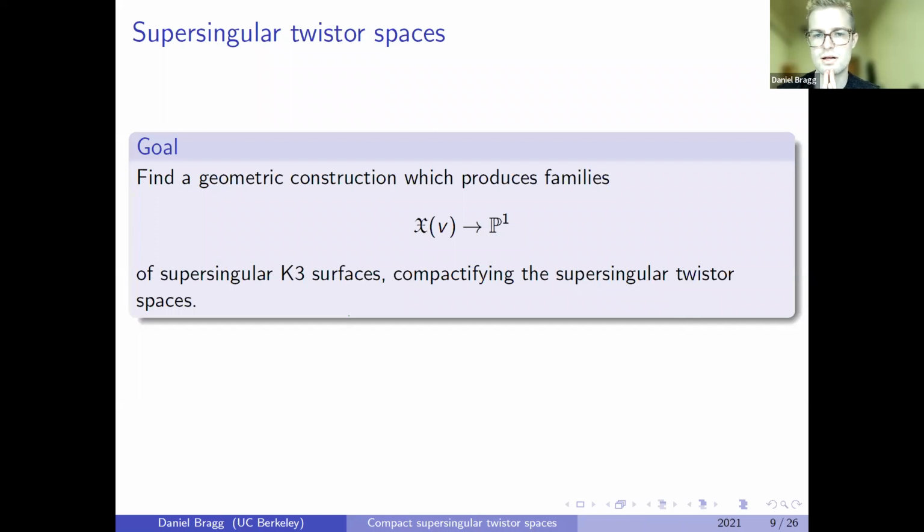So my goal is to extend this construction, find a more general version or a variant that produces the family over all of P1 in some sufficiently direct way so that I can use it, like I said, to do things like say something about the Tate conjecture. I think the construction ended up being pretty interesting in its own right.